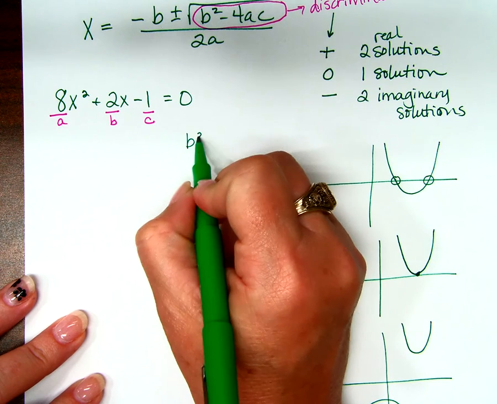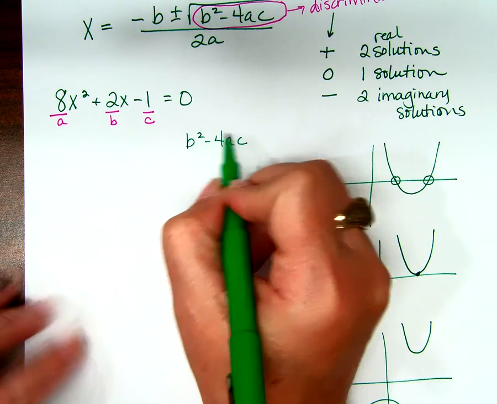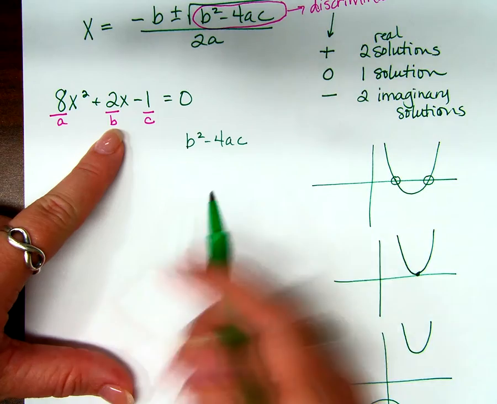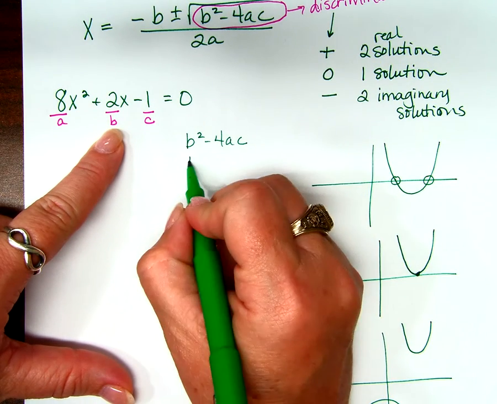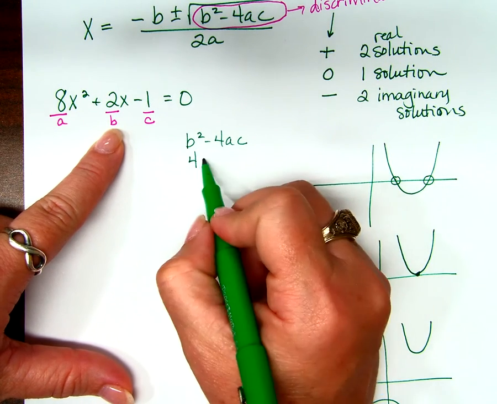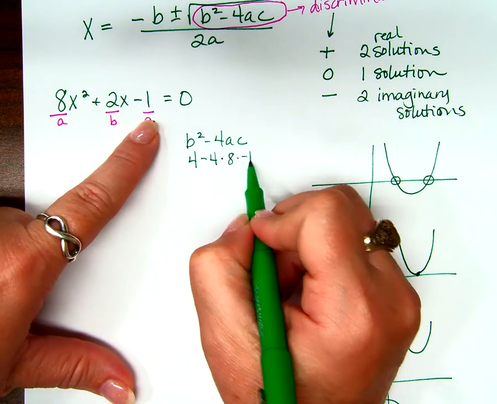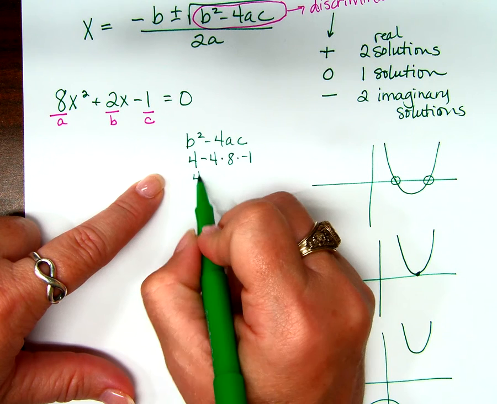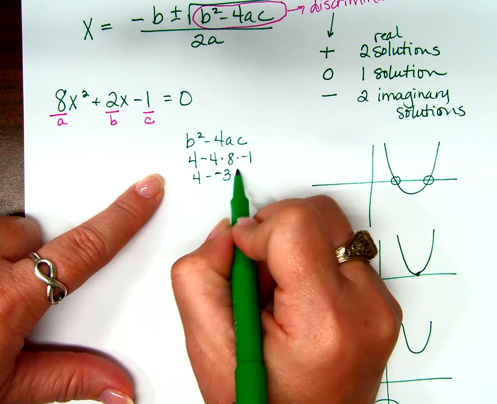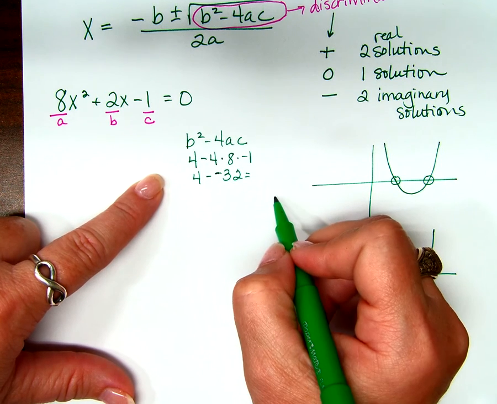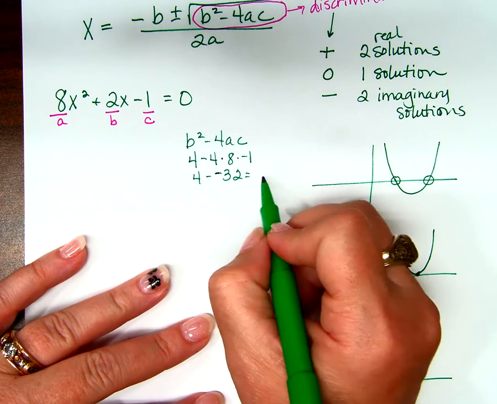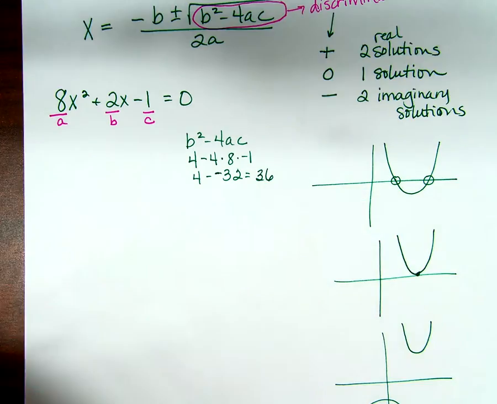What is b squared minus 4ac in this particular problem? Well, b is 2, so b squared would be 4 minus 4 times 8 times negative 1. So 4 minus a negative 32. What's that going to be? 36, right?